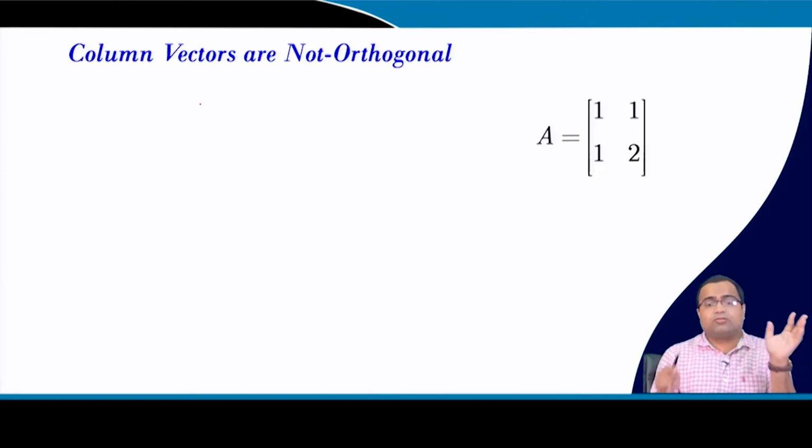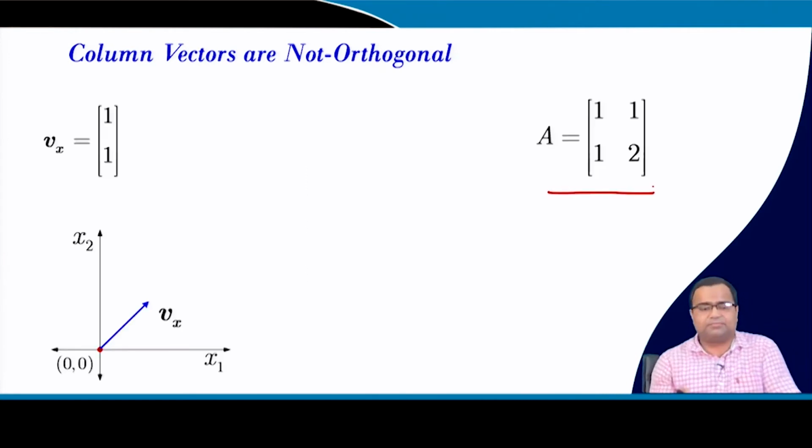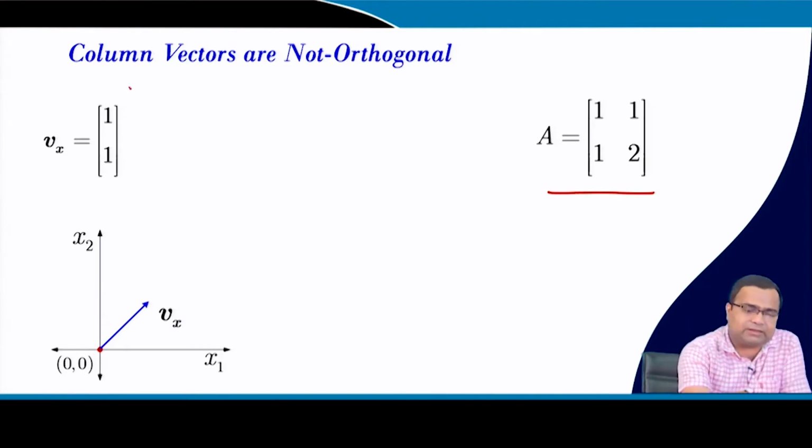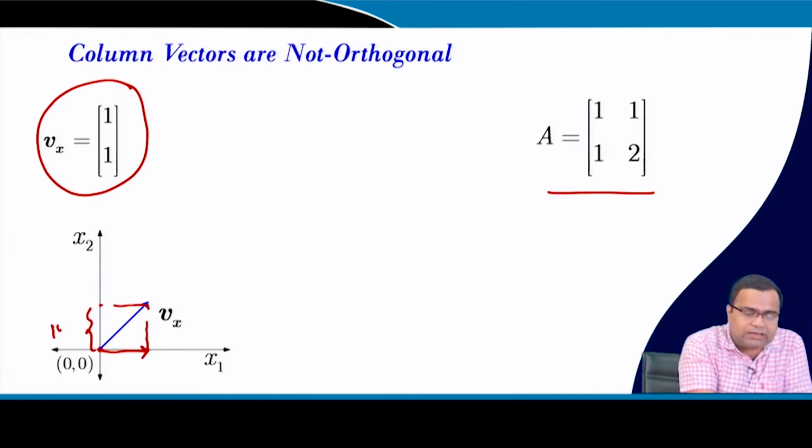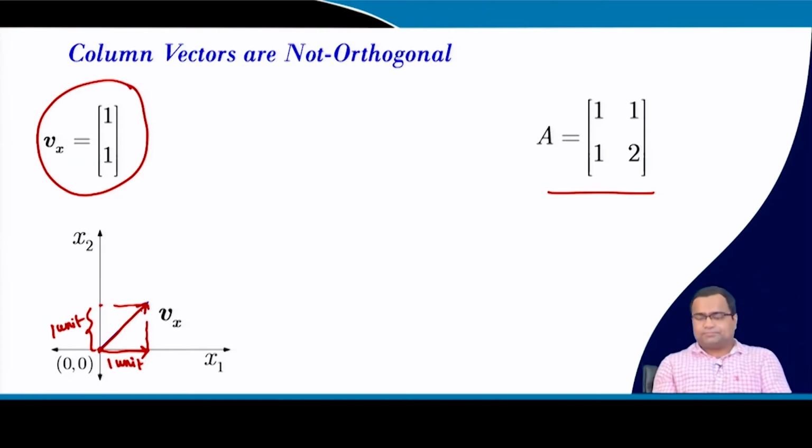Now for column vectors which are not orthogonal, we can consider another scenario, A, where the first vector is Vx: 1, 1. That means you take 1 unit length here and another unit length here, so that together they combine to create this Vx.